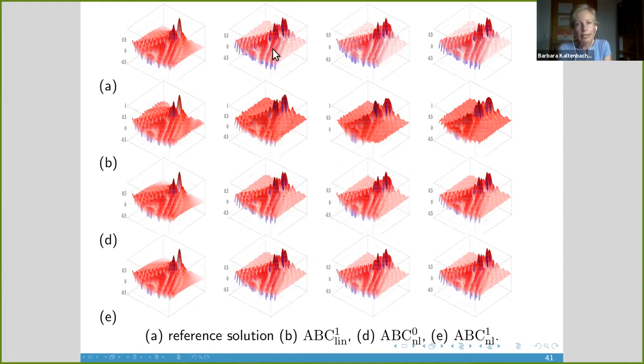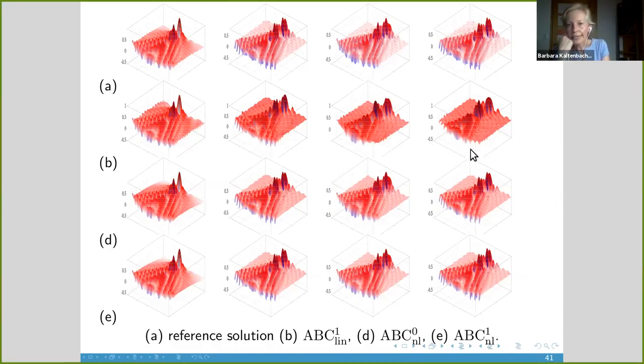Time is proceeding here from left to right. And from top to bottom, at the top, we have the ideal, perfect simulation on a more or less unbounded domain. And here is what you get with bounded domains over time, at different time instances.